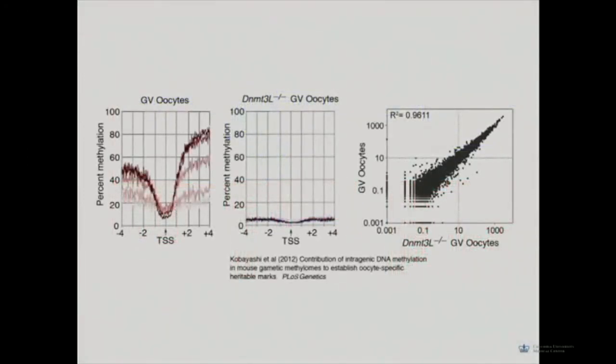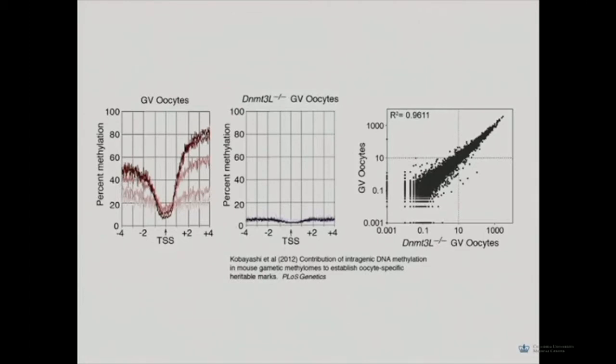And here's a study from Tomohiro Kono's lab, where he used our DNMT3L mouse mutant. This mutant fails to establish methylation in growing oocytes. It fails to methylate transposons and imprinting control regions. And when Tomohiro did gene expression analysis, he found that the expression patterns were virtually identical.